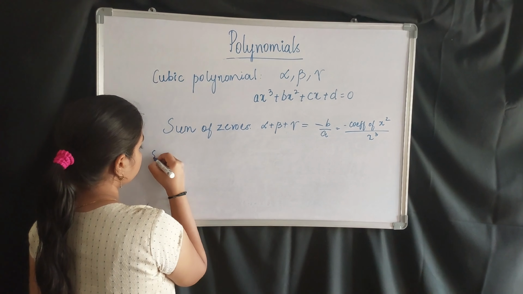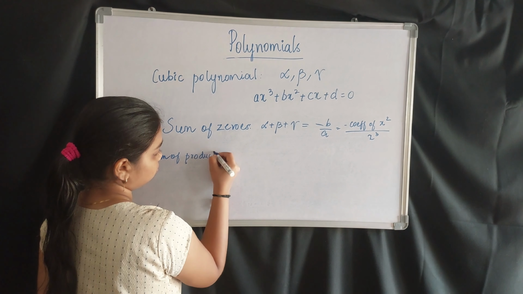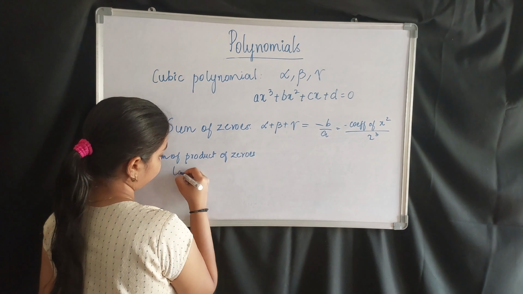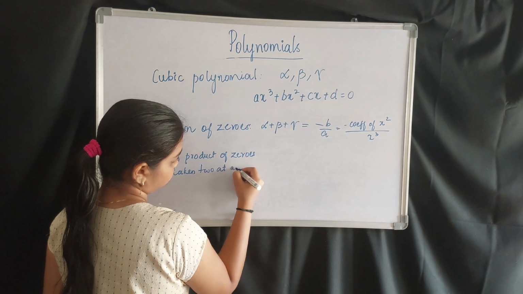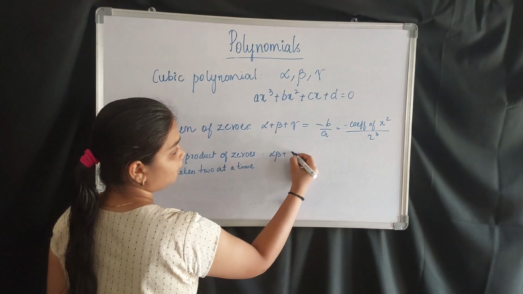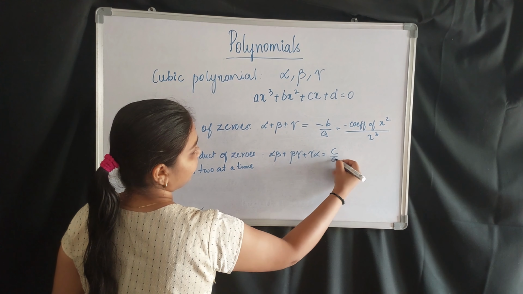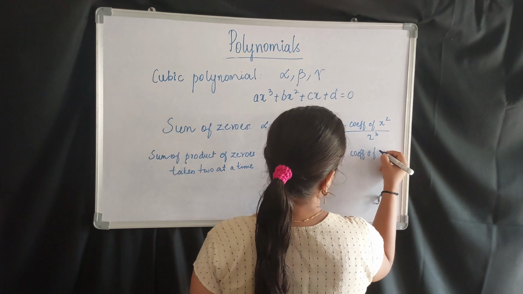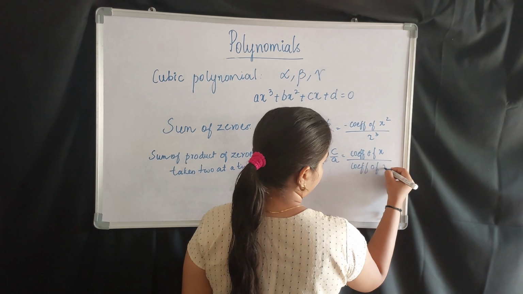Now, sum of product of zeros taken two at a time, that is alpha beta plus beta gamma plus gamma alpha would be c by a. That is coefficient of x by coefficient of x cube.